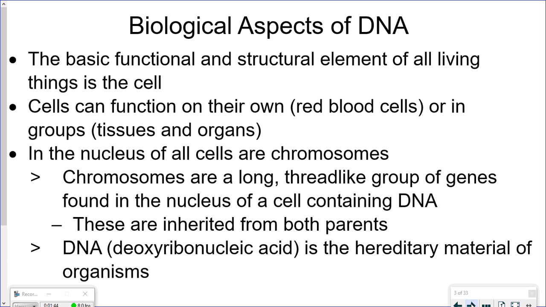In the nucleus of all cells are our chromosomes, and chromosomes are long thread-like groups of genes found in the nucleus of a cell that contain DNA. And remember, your chromosomes and your DNA are inherited from both parents, so you will have traits from your mother and traits from your father. DNA, or deoxyribonucleic acid, is the hereditary material of organisms. So that essentially makes us who we are.